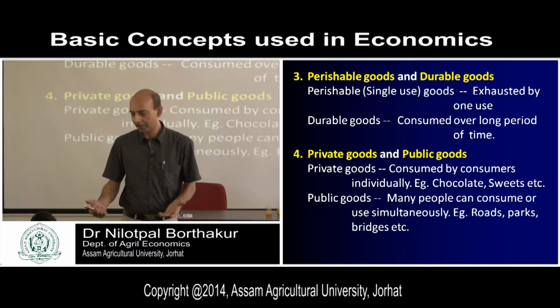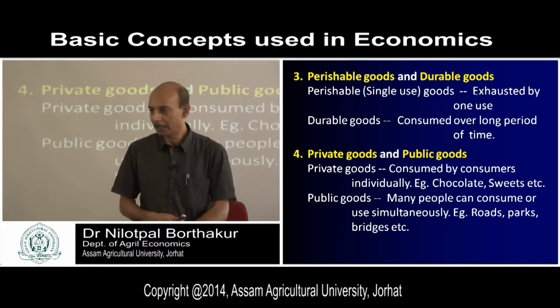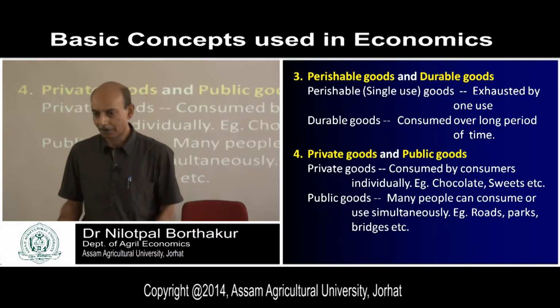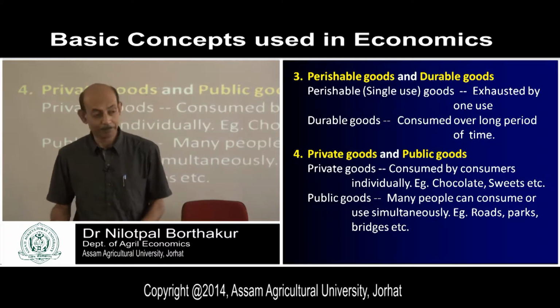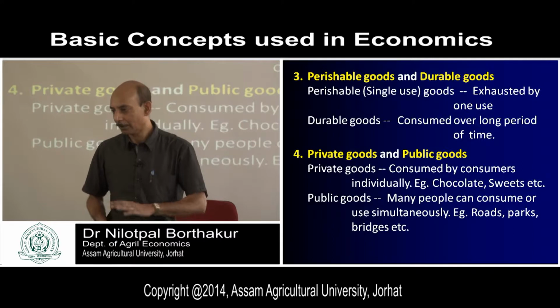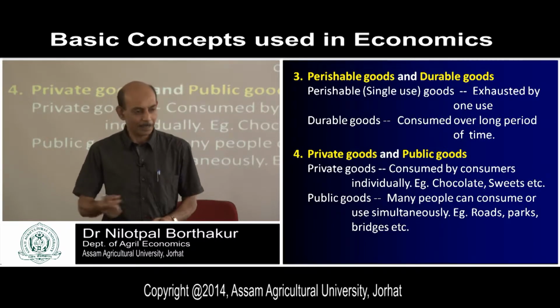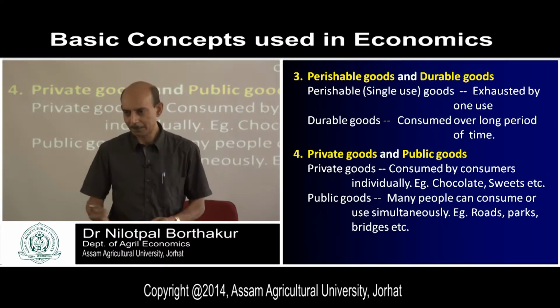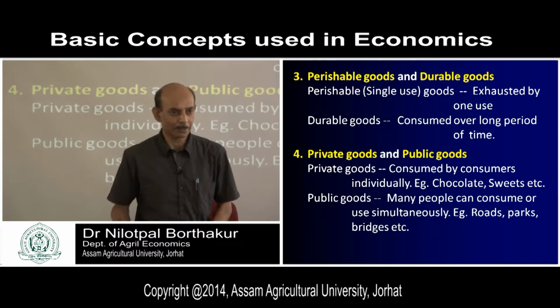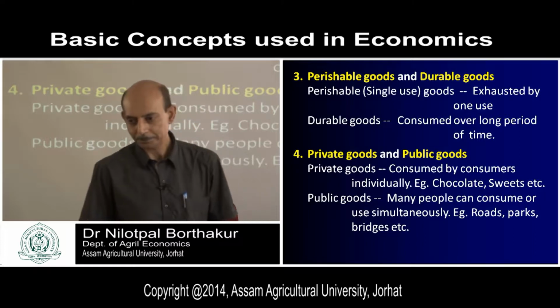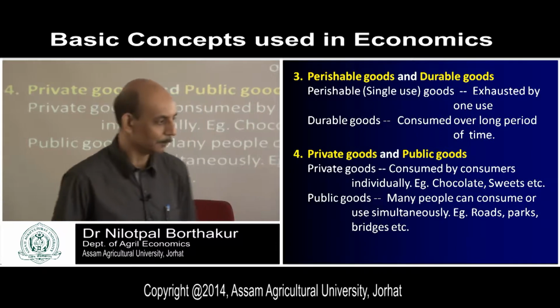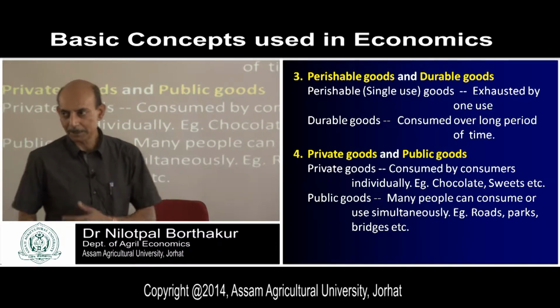And you can find your specs, your watch, your clothes, furniture, TV, fridge, whatever it is. These are all durable goods. But your pen is a single use. Once you use it, you can throw it away. You cannot keep it for long. This is single use. All food items are single use.